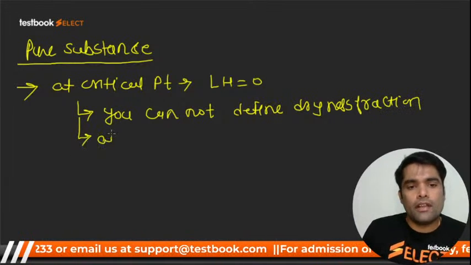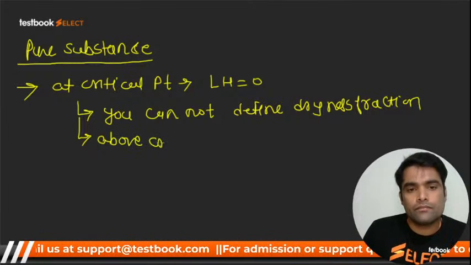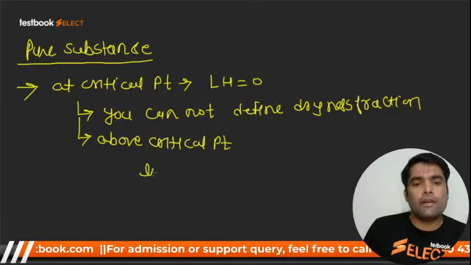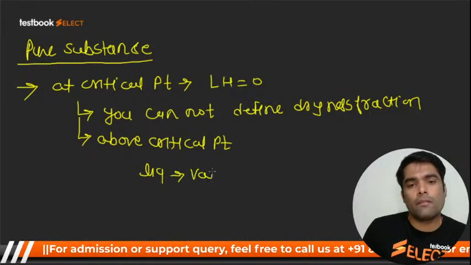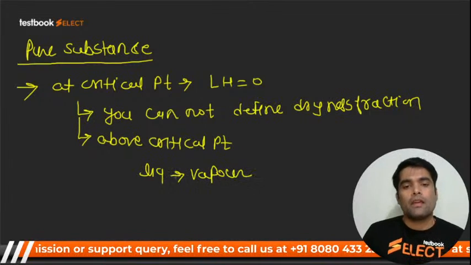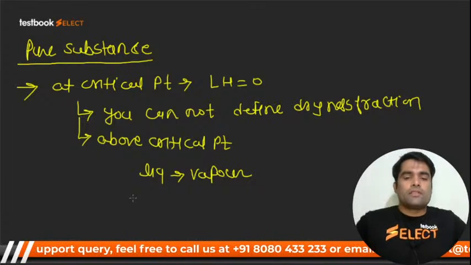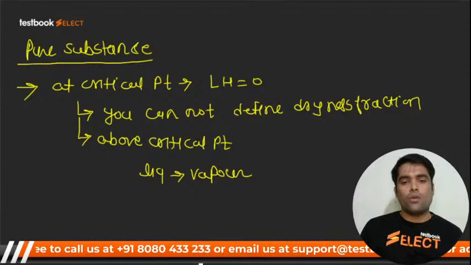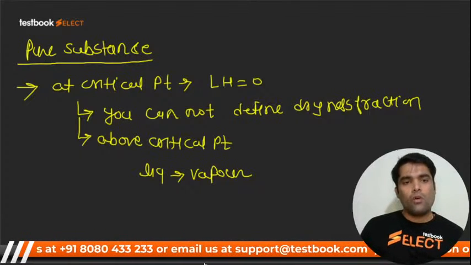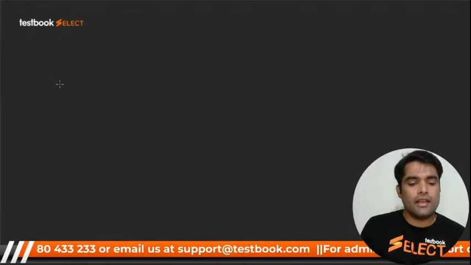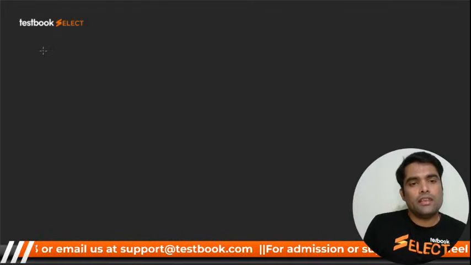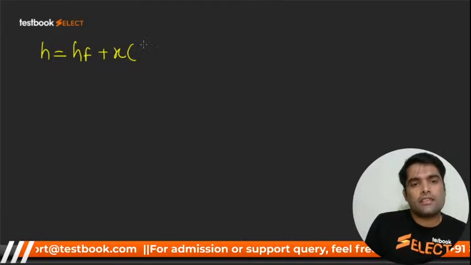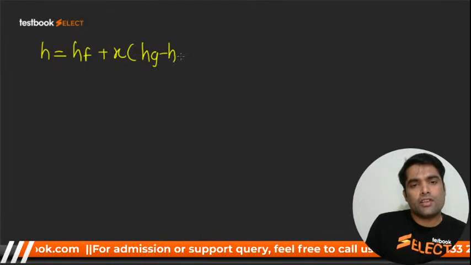Right? Above critical point, liquid directly flashes into vapor. Right now? Yes or no, my dear friends? I hope you got it. That is critical point. And you know, now we are going to deal with enthalpies. And remember one thing, ये formula you know that this is nothing but HF plus X into Hg minus HF.